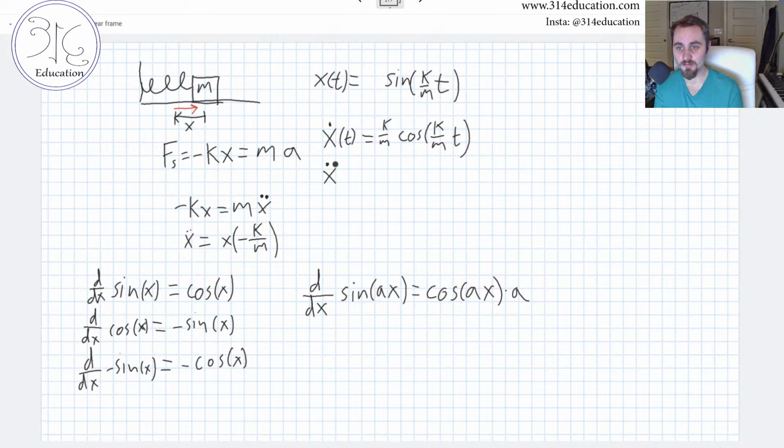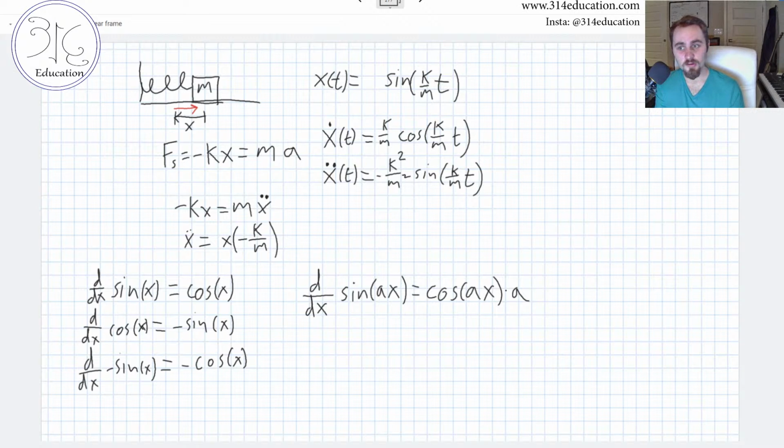We wanted the second derivative to have this. So if we take the derivative again, our negative condition applies. We get a negative sign. We get a sine of k over m times t. But for this scalar out front, we get another k over m because we have to chain rule it a second time. So we get k squared over m squared, which is really close to what we want, but it's just squaring it.